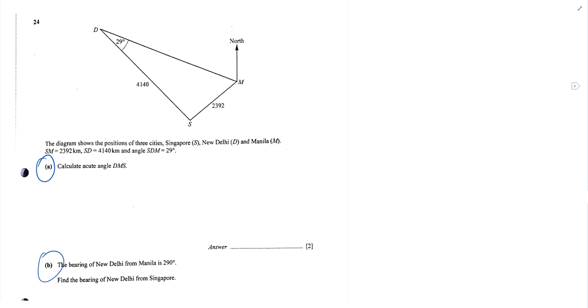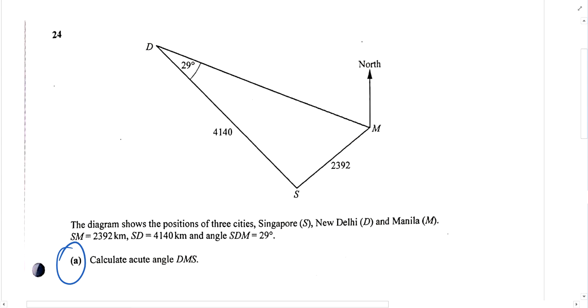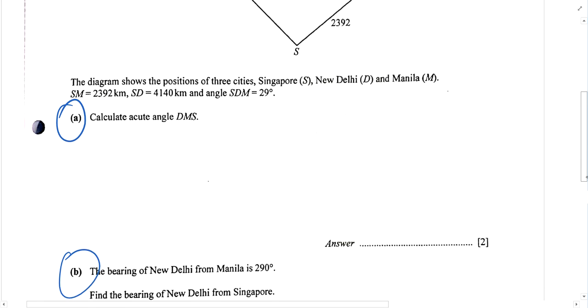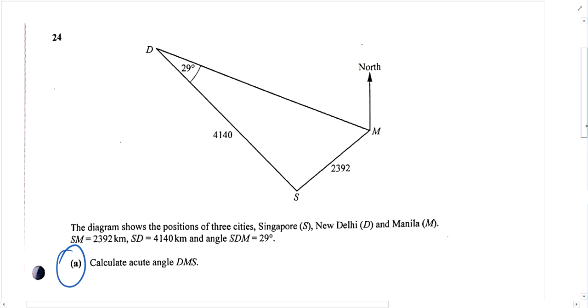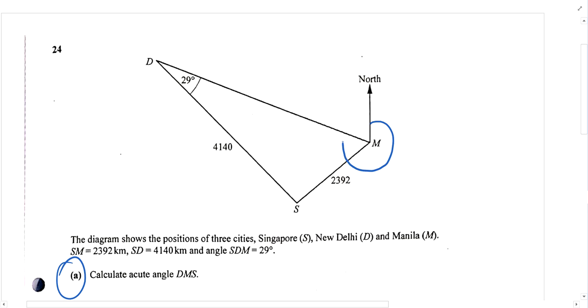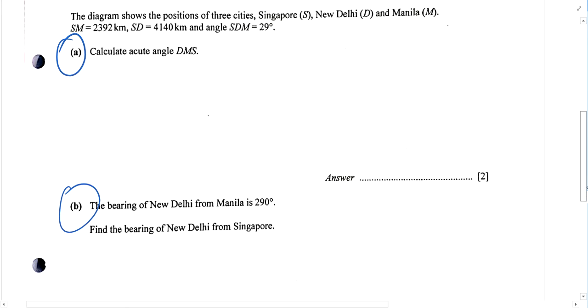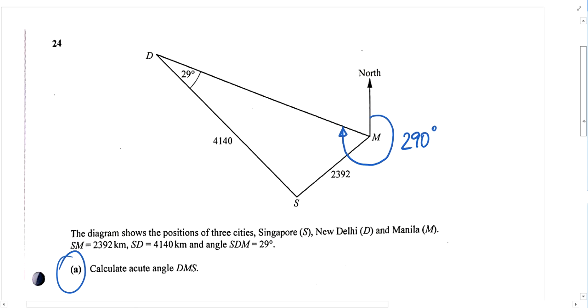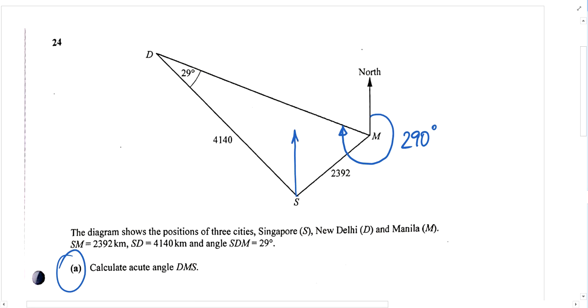Alright, the bearing of New Delhi from Manila is 290 degrees. So this is 290 degrees. Find the bearing of New Delhi from Singapore. So from Singapore, I need to draw another north over here.